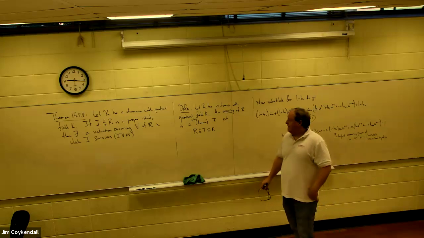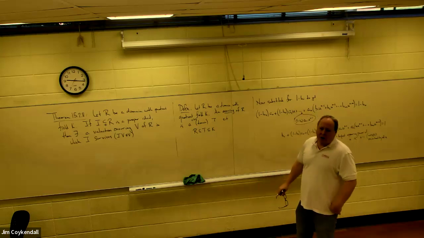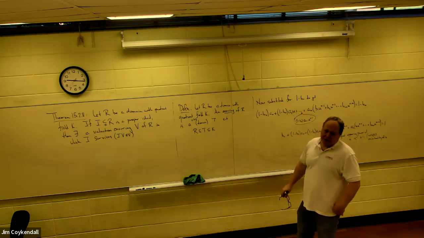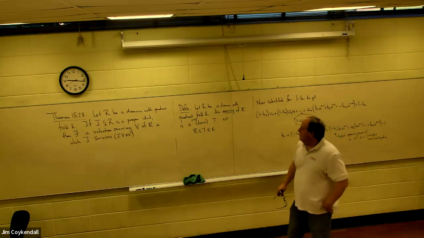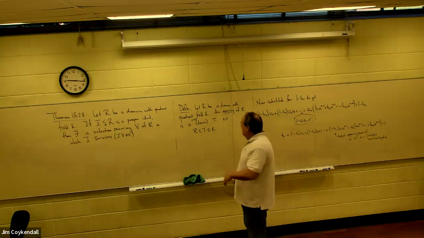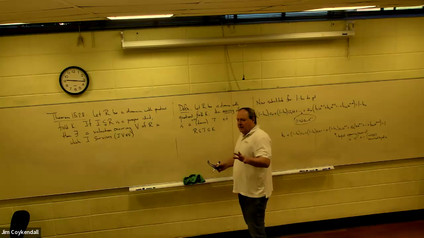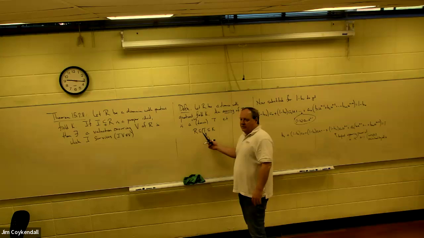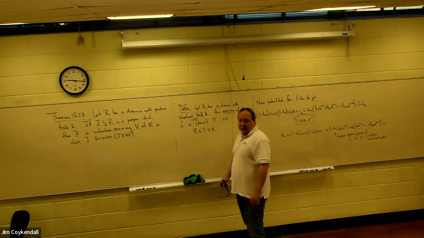So R is its own overring as well? R is an overring of itself, right? The only overring of a field is the field itself, right? Notice that we have to take care here, because T consists of fractions by definition. But that doesn't mean that T is a localization.